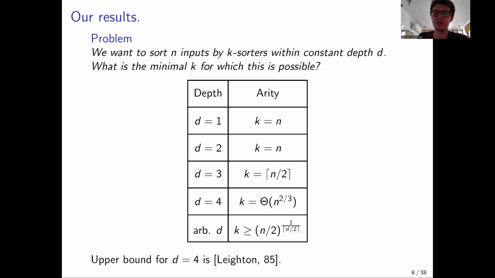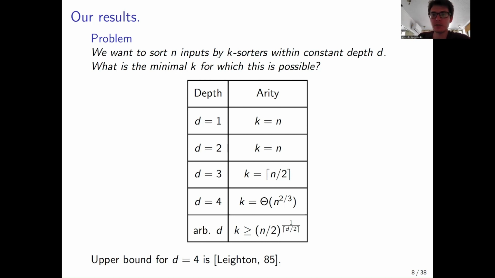If you try to do this with linear k, with n over 2, you will eventually get some ordinary sorting network, but its depth will not be polylogarithmic.